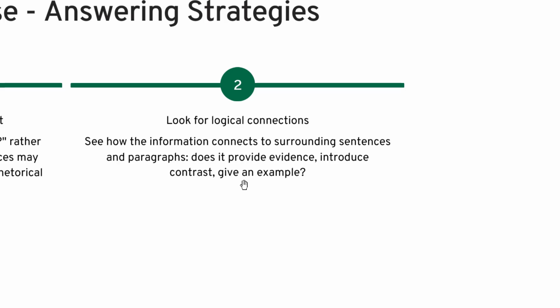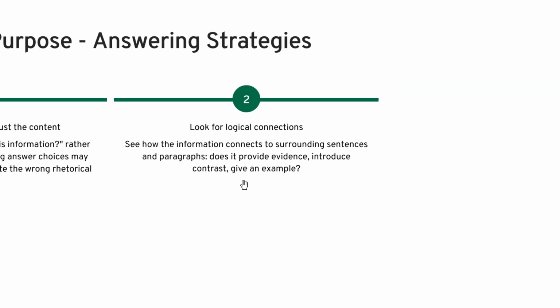What's the logical connection between them? Is paragraph 2 providing extra detail about the first point mentioned in paragraph 1? Is it providing evidence? Is it providing similarities? So what kind of relationship is there? That's the second thing.